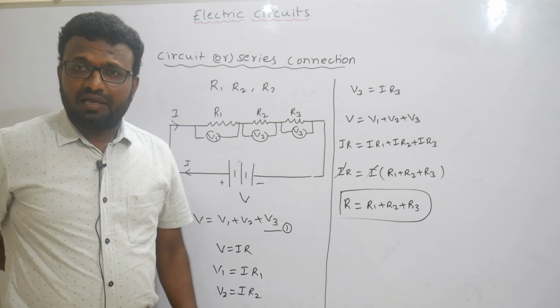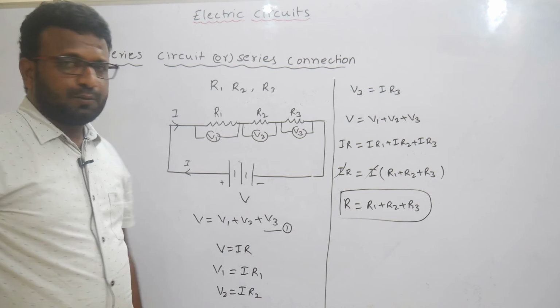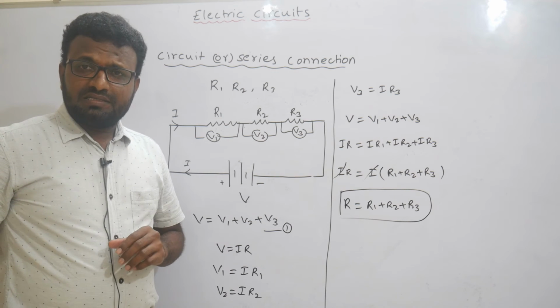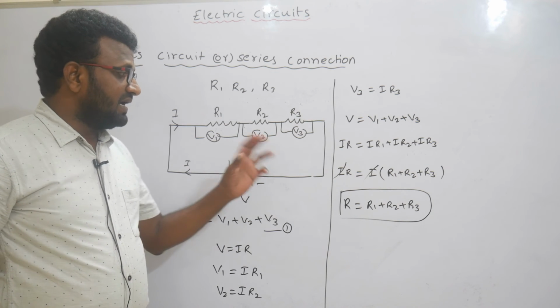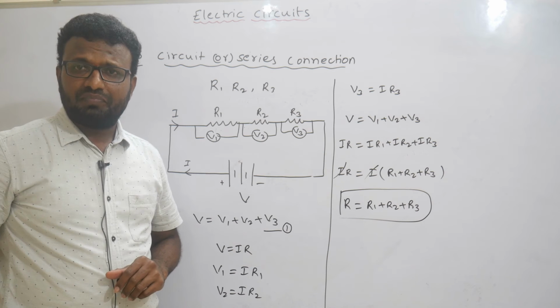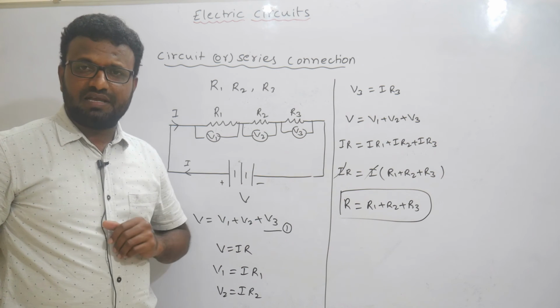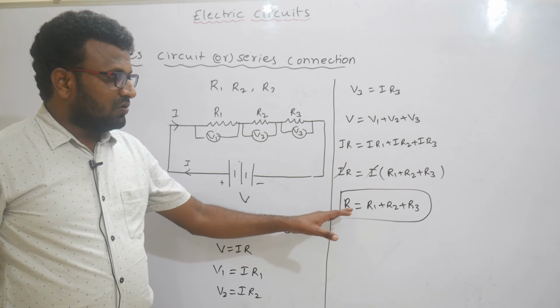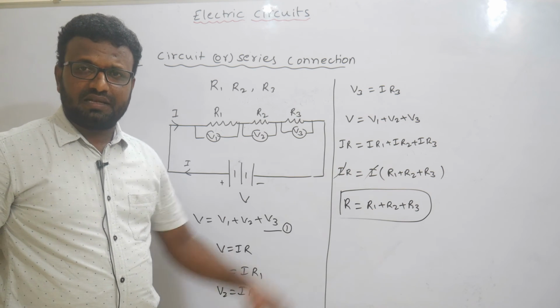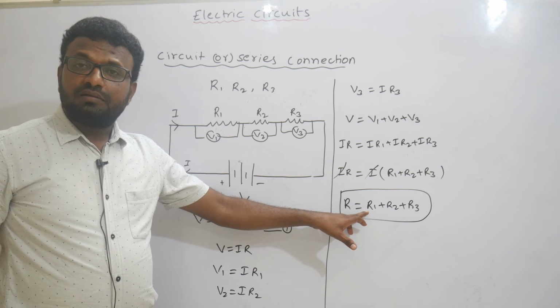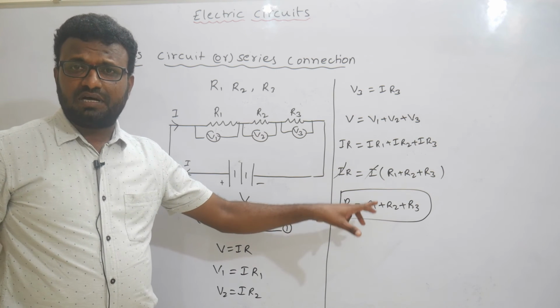Here R is nothing but the equivalent resistance in the circuit. Equivalent resistance means all the resistors can be replaced by this equivalent resistance. So R is equal to R1 plus R2 plus R3 when I take three resistors.